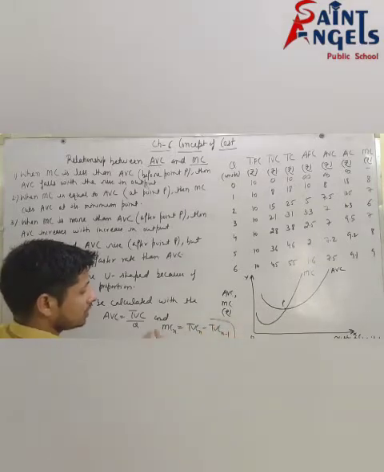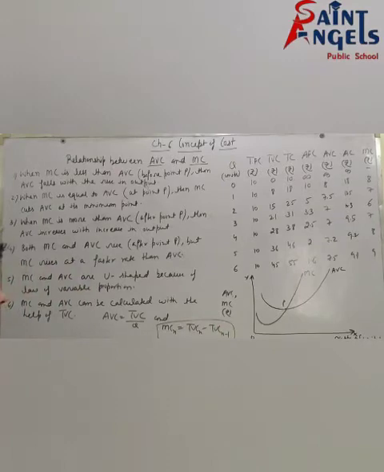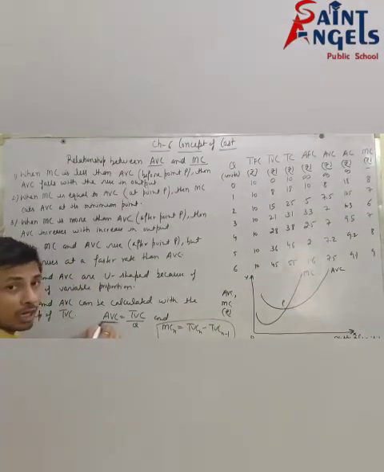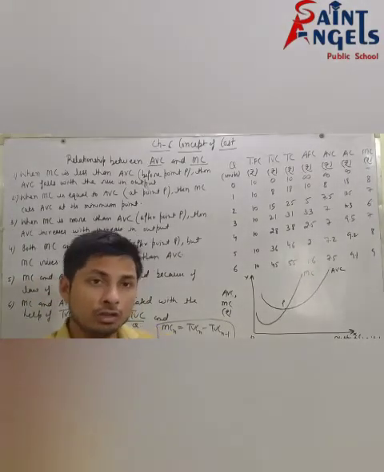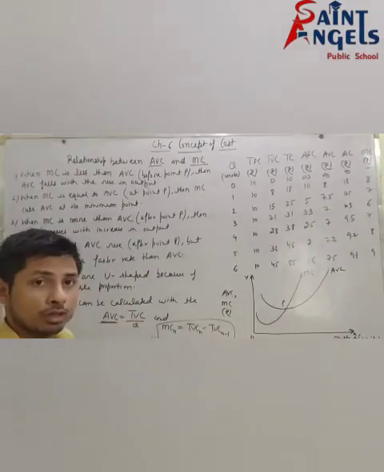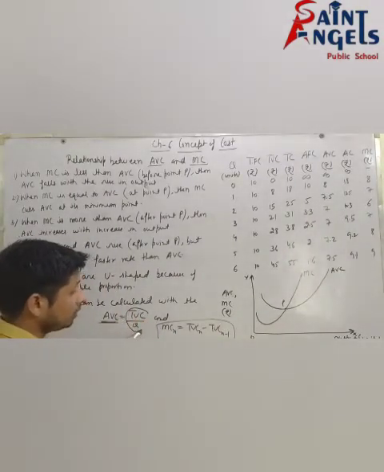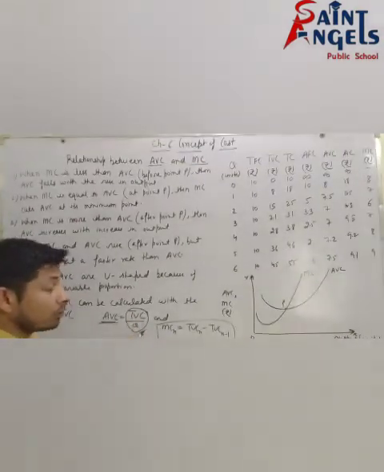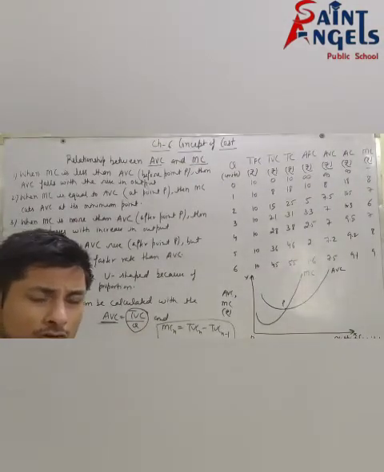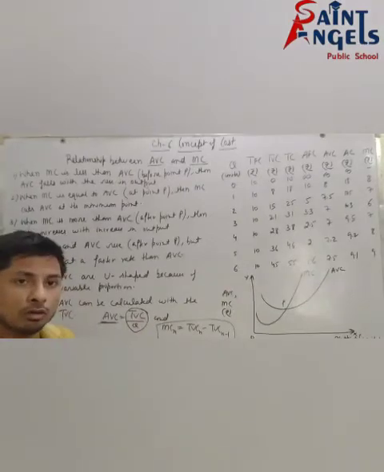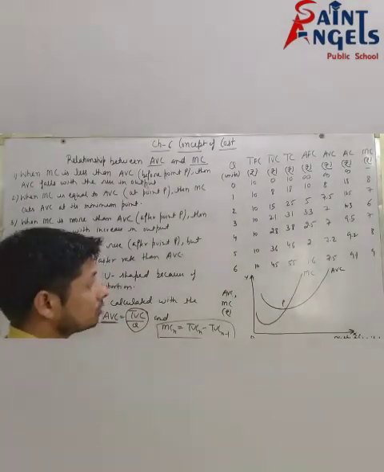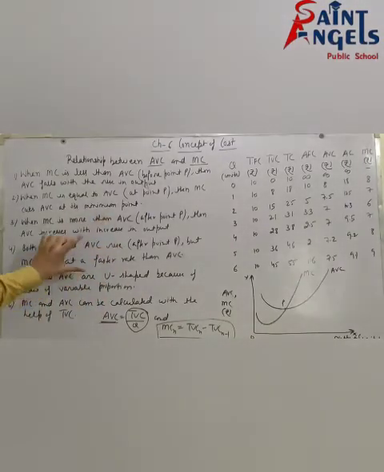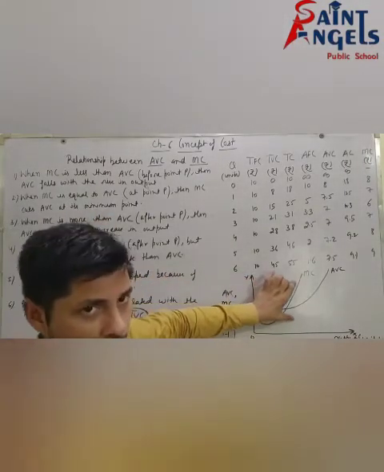We have discussed this in my previous video. AVC, average variable cost, refers to per unit variable cost of production, that is, total variable cost per unit of output. So I hope all of you have understood these points with the help of the diagram.